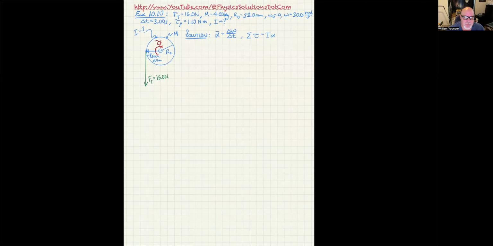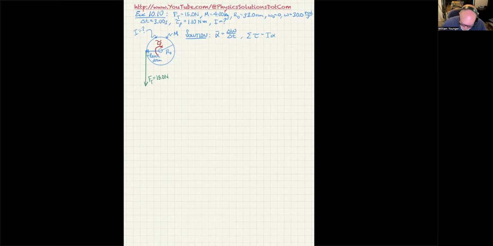The pulley accelerates uniformly from rest to an angular speed of 30.0 radians per second in 3.00 seconds. Assume there is a frictional torque, tau sub friction, equal to 1.10 Newton meters at the axle. Determine the moment of inertia of the pulley rotating about its center.